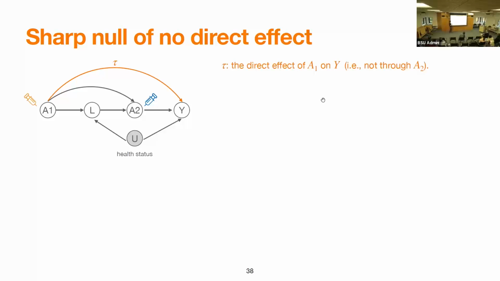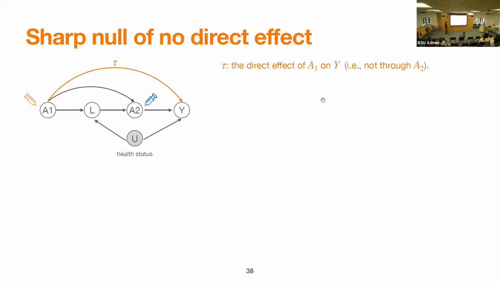Then it is fairly possible that all the effects from A1 to Y are mediated by A2. So the drug is useless then. In that case, you can just give the second drug instead of the first drug. So this is a real scientific question.